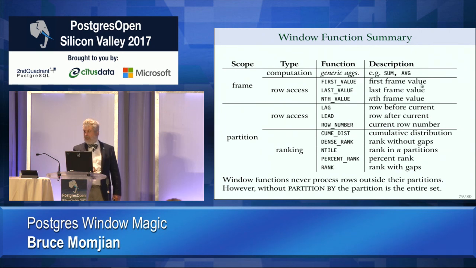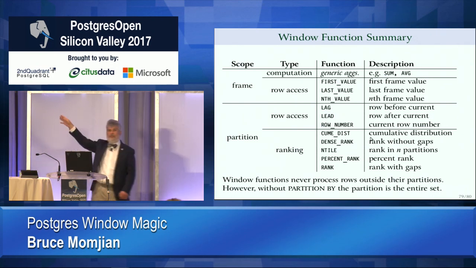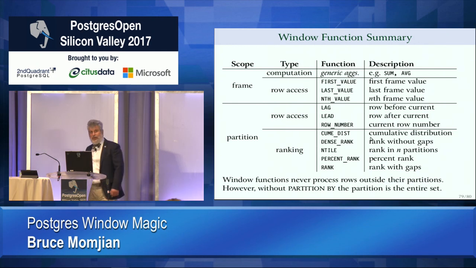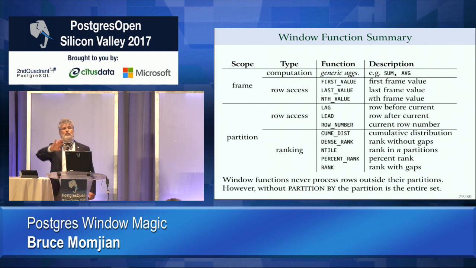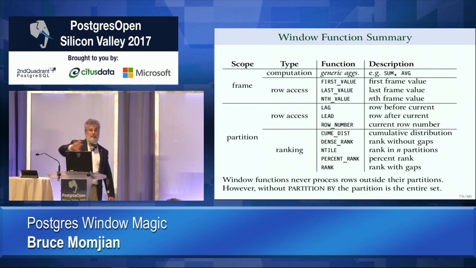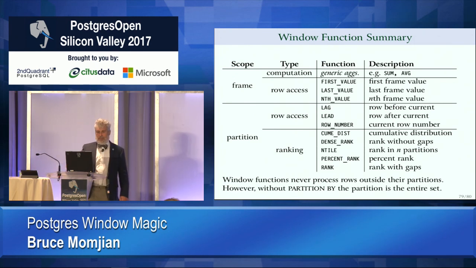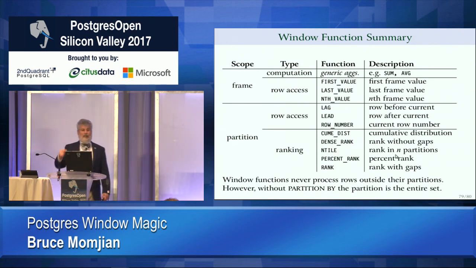Again, they use the frame. And then we have a whole bunch of functions that operate on partitions and have nothing to do with frames at all. We don't care whether you define the frame or not. This is probably why they don't require you to specify frames, because a lot of functions don't even need frames, so they have to have some default, I guess. So there are row access functions, which work within the partition, and then there are ranking functions, which again work on partitions. And a window function never goes outside its partition.